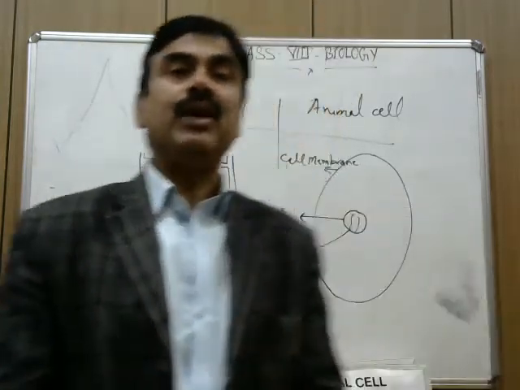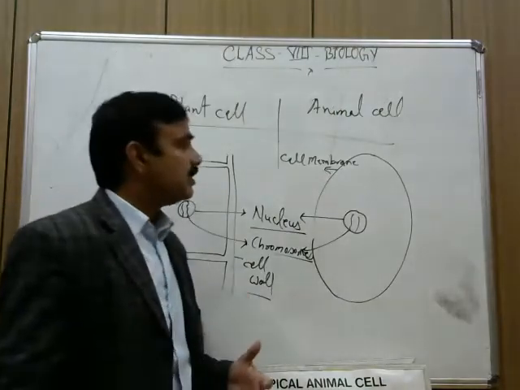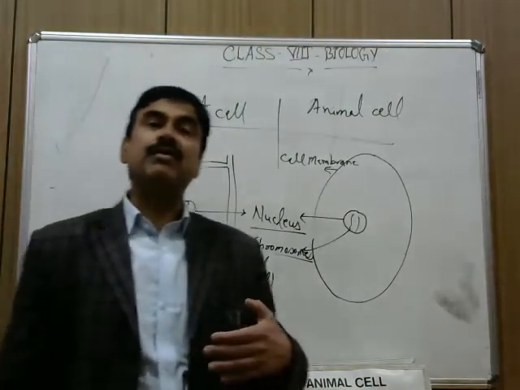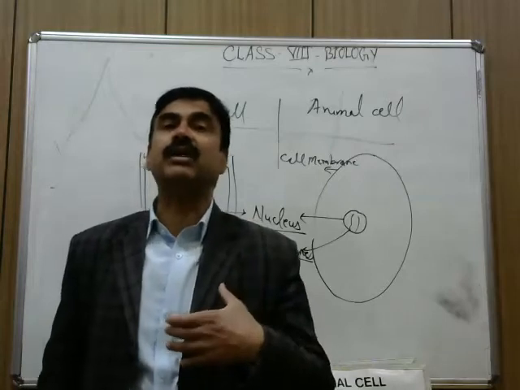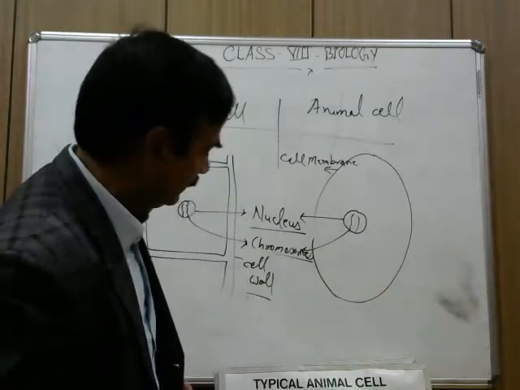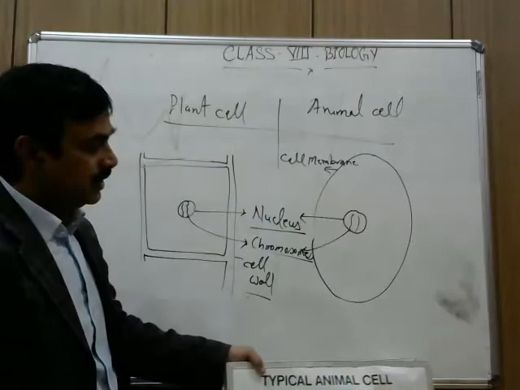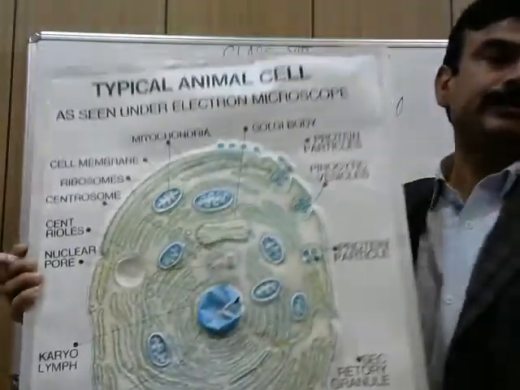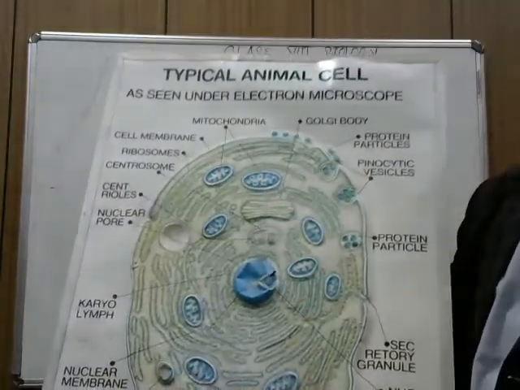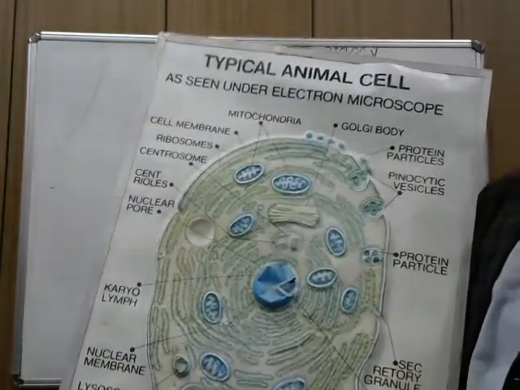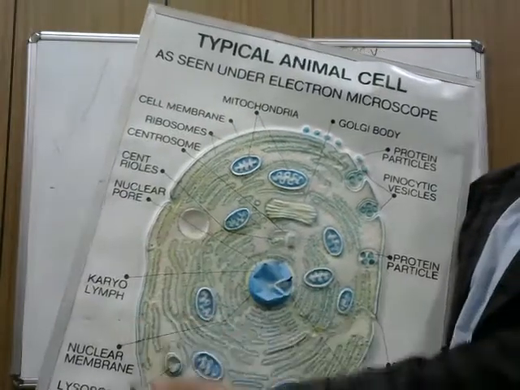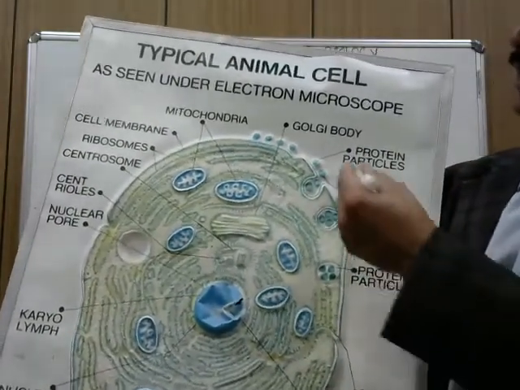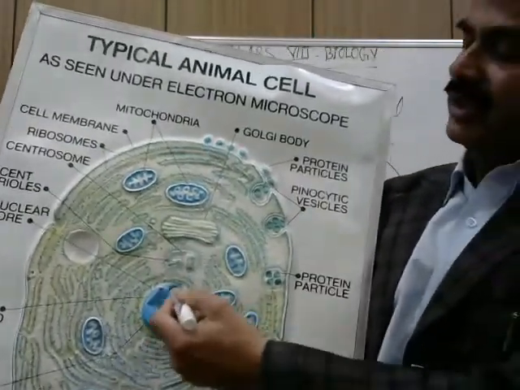So when we are going to know the differences, today I will show you a very good fixed model of the plant cell and animal cell. Let us see. First, look at this, the animal cell. In the animal cell, the center one is the nucleus, and the outer structure is the cell membrane.